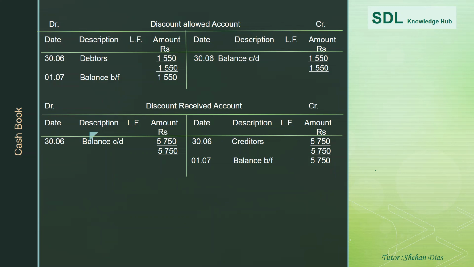So open a discount allowed account on the last date stating debtors, showing 1,550. For the discount received account, the total comes to 5,750 when you total the discount received column, and record that on the last day, 30th of June, with the description as creditors.